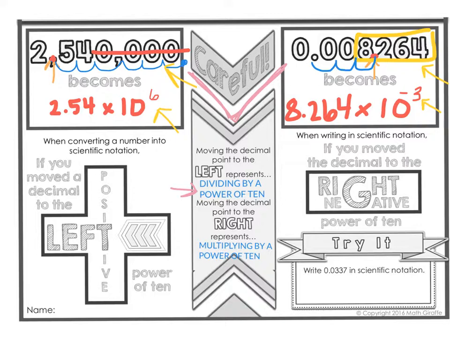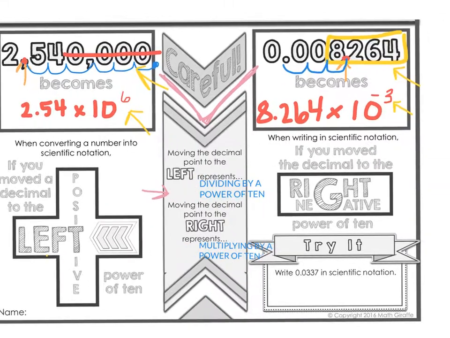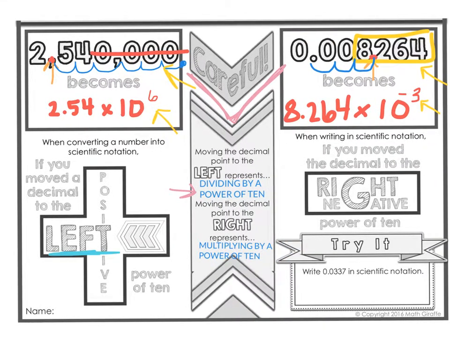All right, let's take a look at the rest of the doodles here. Some notes we have on the subject. When converting a number into scientific notation, if you move the decimal to the left, you have a positive power of 10, like we just said up here.